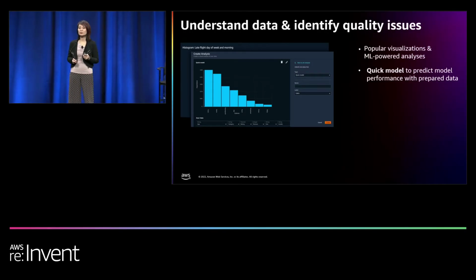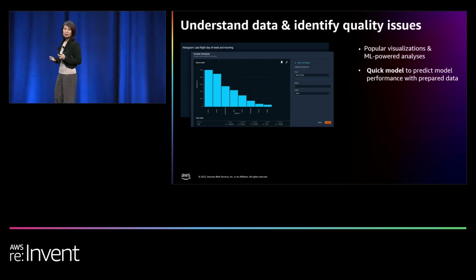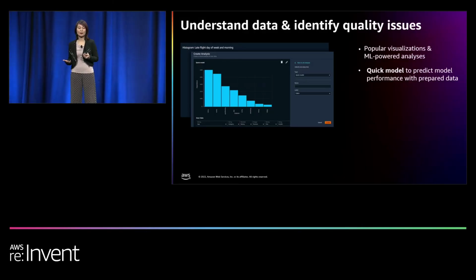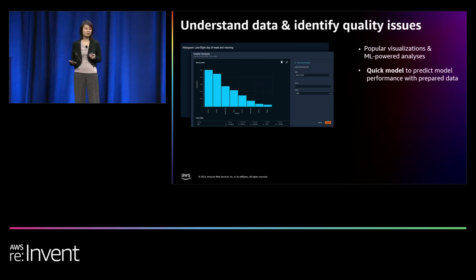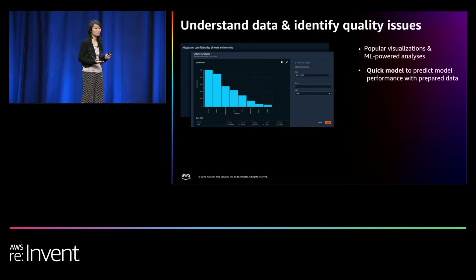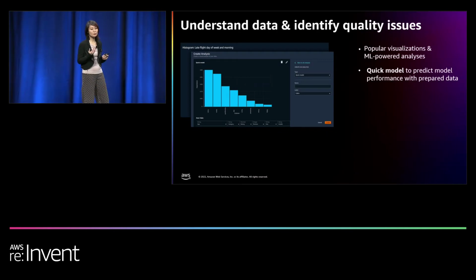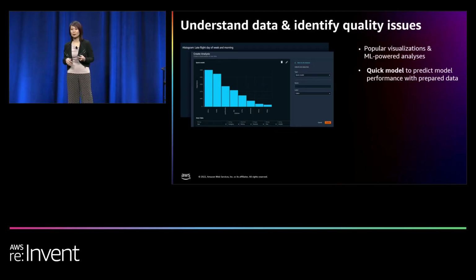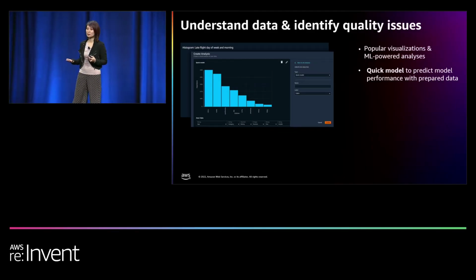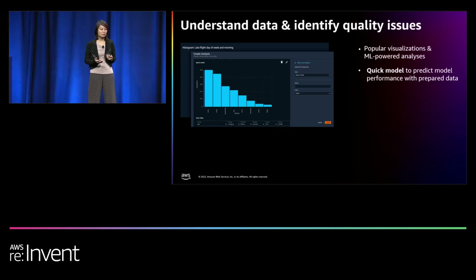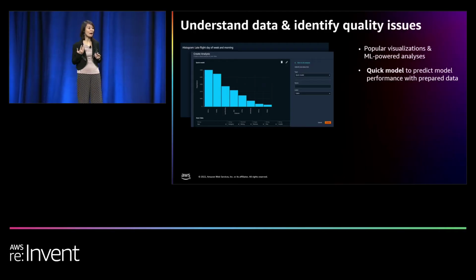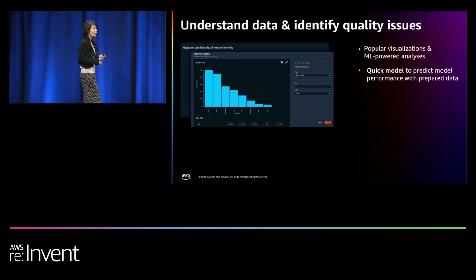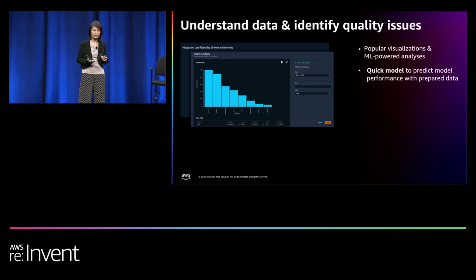Quick Model will actually run an XGBoost model on top of the data that you have and generate metrics like accuracy score, F1 score, confusion matrix, and feature importance to help you understand if the data that you have is actually going to generate a high-quality machine learning model. This can help you save hours or days of time training a machine learning model with bad data.